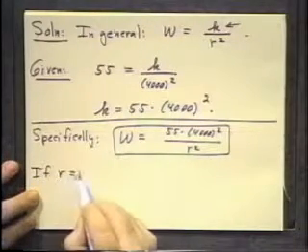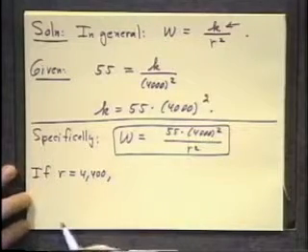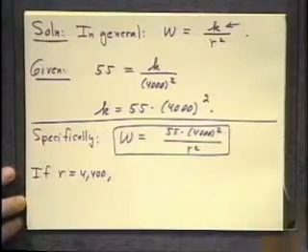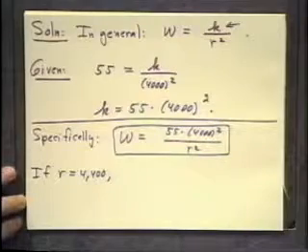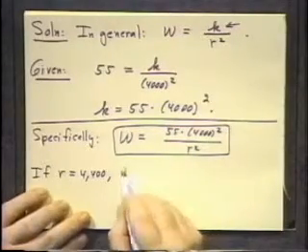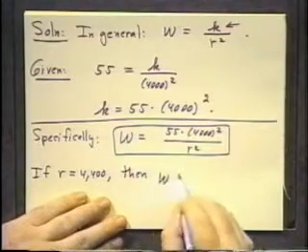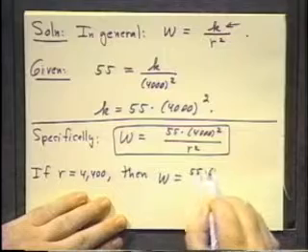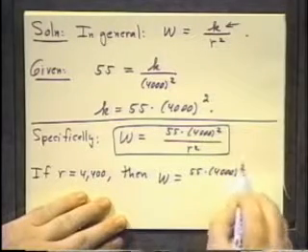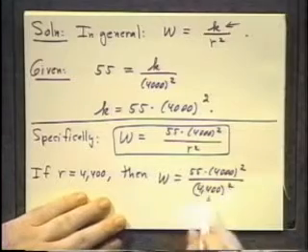If r is equal to 4,400 miles, then, using the formula, W is equal to 55 times 4,000 squared over 4,400 squared, putting the r in.